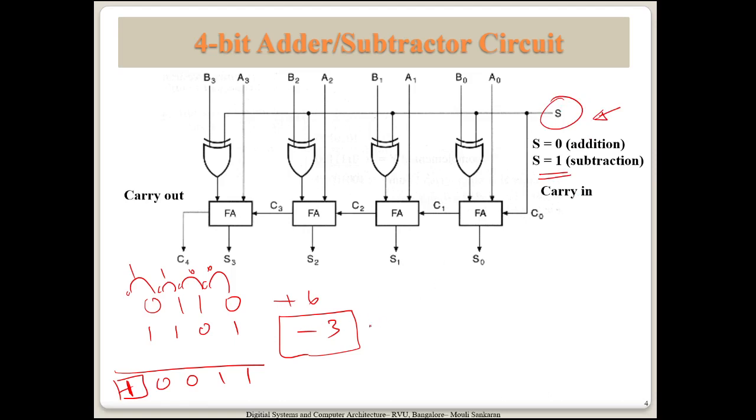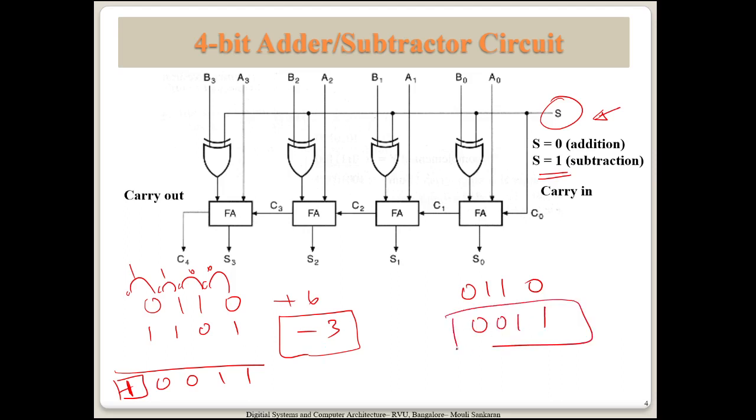So if you give the same number, it is going to find the 2's complement of this and add. So actually speaking, instead of this number, minus 3, we will make it 0 0 1 1.